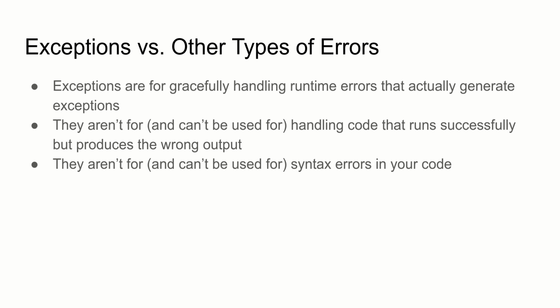Exceptions and exception handling is really only one category of those. They're a certain set in which you've violated some rules of the language or of a function that you are using, but not rules of how to write the code, syntax, or rules of how you want the program to perform, like always coming out with positive answers for this kind of question, or that sort of thing. Those you have to handle and solve in other ways.